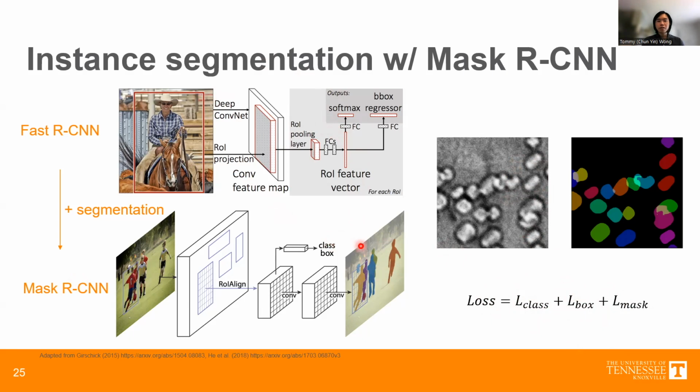Then you have a loss function for the bounding box, which calculates how similar the bounding box predicted by the network is to the bounding box supplied during training as the ground truth. And finally the loss for the mask itself, which is the binary cross entropy function, as we've discussed earlier, which is the comparison between the mask identified in the region of interest and the mask applied for training.